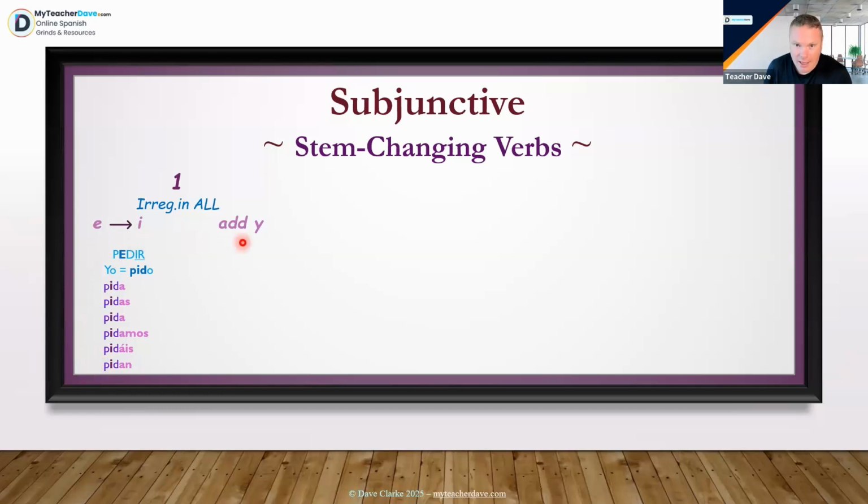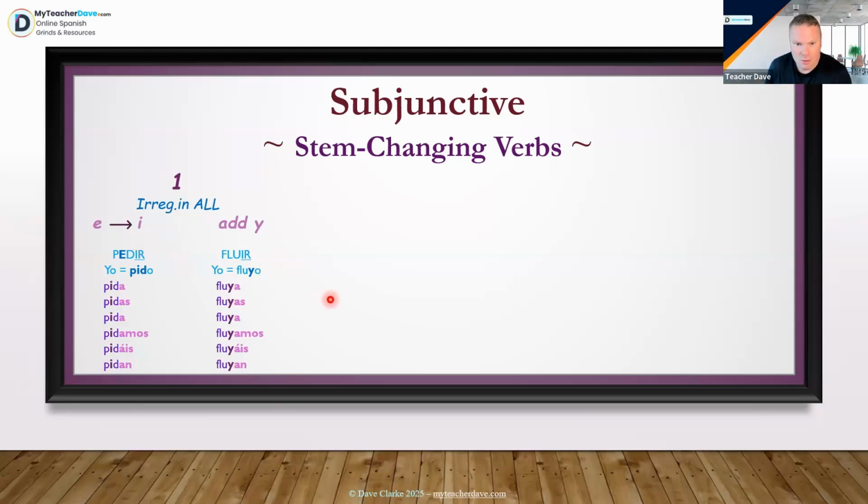So for the second little subgroup here, where we add a Y, let's see a really typical verb. The verb fluir, so the verb fluir means to flow. Again, we can see in the normal present tense, not the subjunctive, in the blue is the normal present tense. We can see I flow, the yo part of the verb.